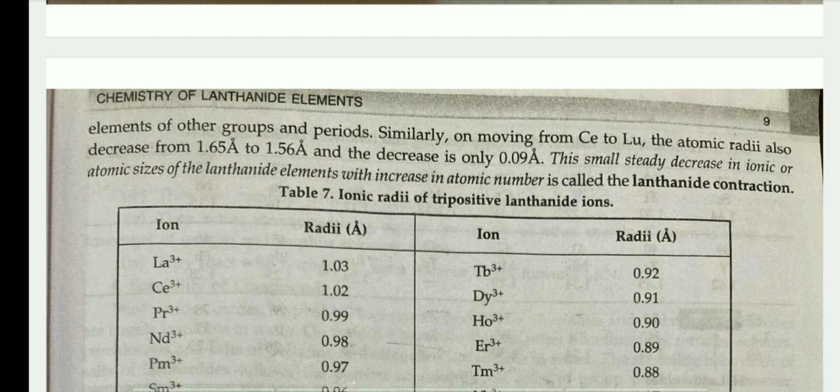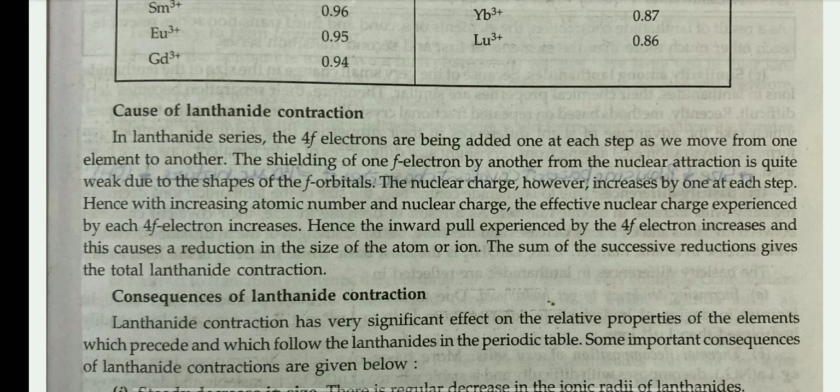In the lanthanoid series, the 4f electrons are being added one at each step. As we move from one element to another, the shielding of one f electron by another from the nuclear attraction is quite weak due to the shapes of the f orbitals. The nuclear charge, however, increases by one at each step.